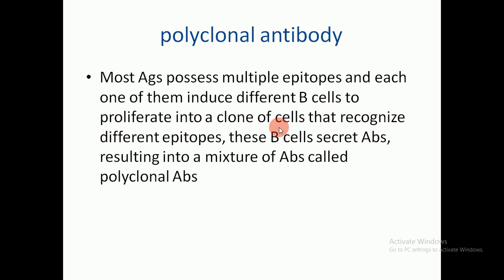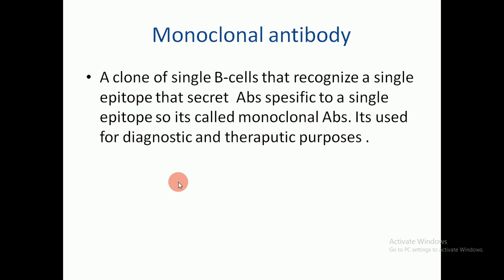So these B cells secrete antibodies, resulting in a mixture of antibodies called polyclonal antibodies, because the antigen consists of multiple epitopes, and when this antigen enters the body, it stimulates different antibodies, and each antibody is specific to each epitope. So this is called polyclonal antibodies.